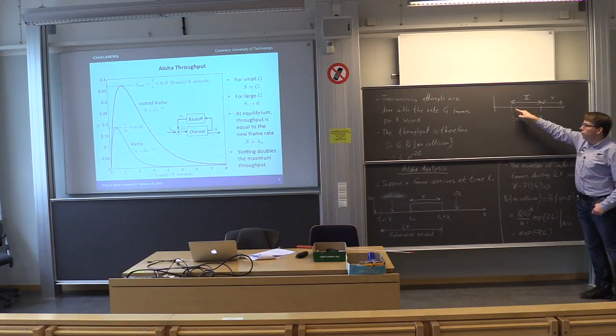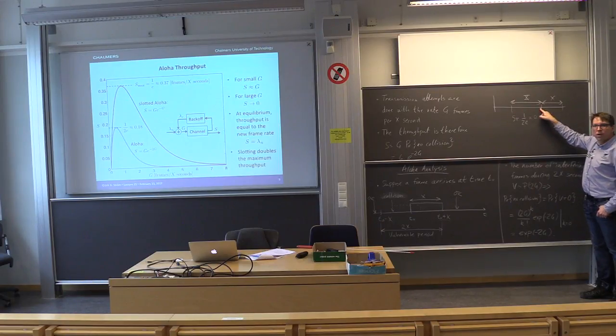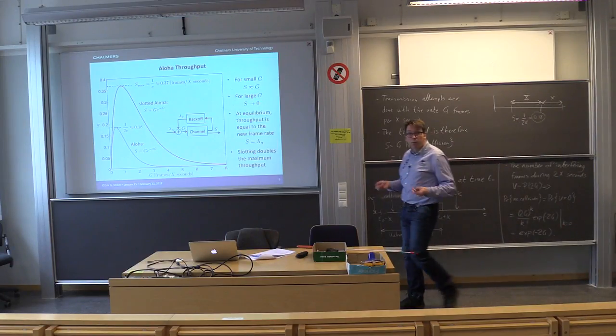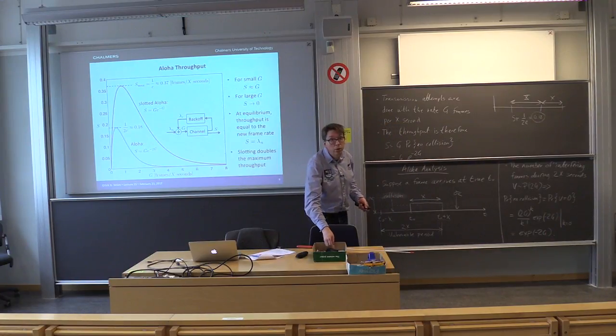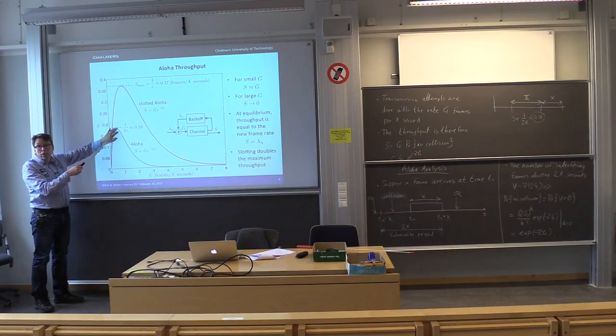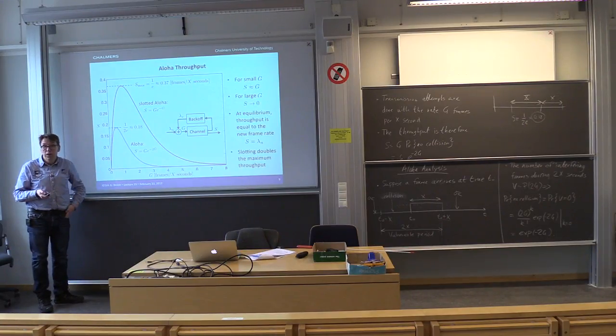Even though, if we had perfectly scheduled this, we could transmit 1 frame here and 1 frame here with no collision, if we had perfect synchronization and coordination. So this is quite low, but that's the price we have to pay for this type of loose coordination. If we enforce slotting, we get double this. For slotted ALOHA, the maximum throughput we can get is 1/e, which is roughly 37%. So with slotting, we get double the maximum rate.